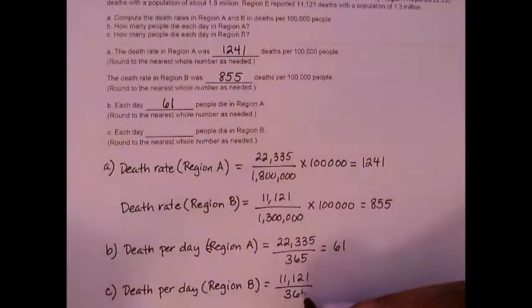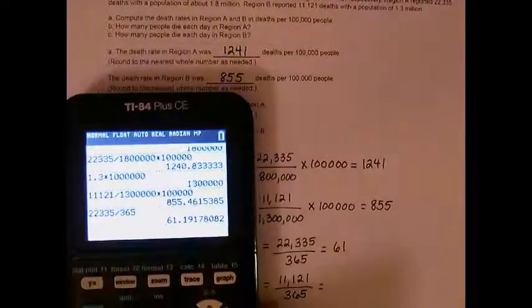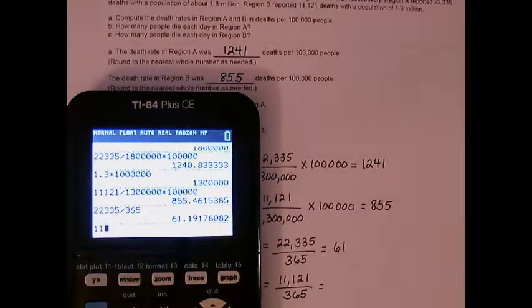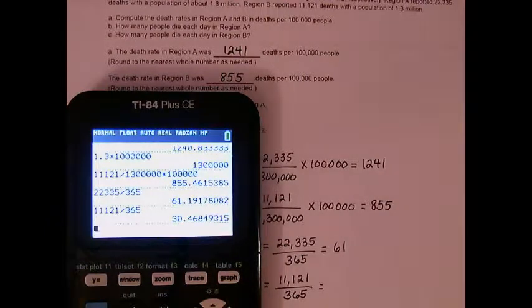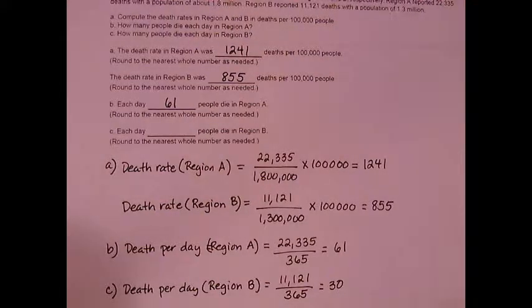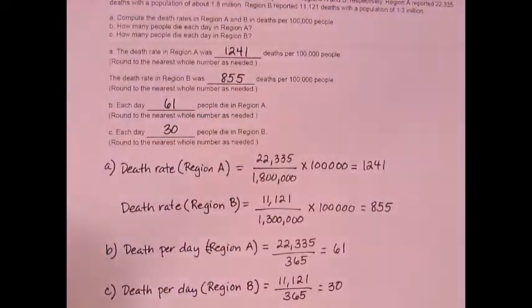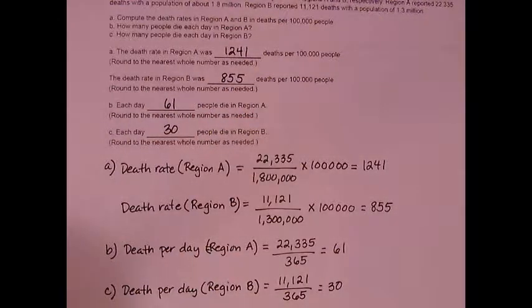We divide that by 365 days in a single year. So 11,121 divided by 365. To the nearest whole number, that's going to be 30. So in this case, each day, 30 people die in region B.